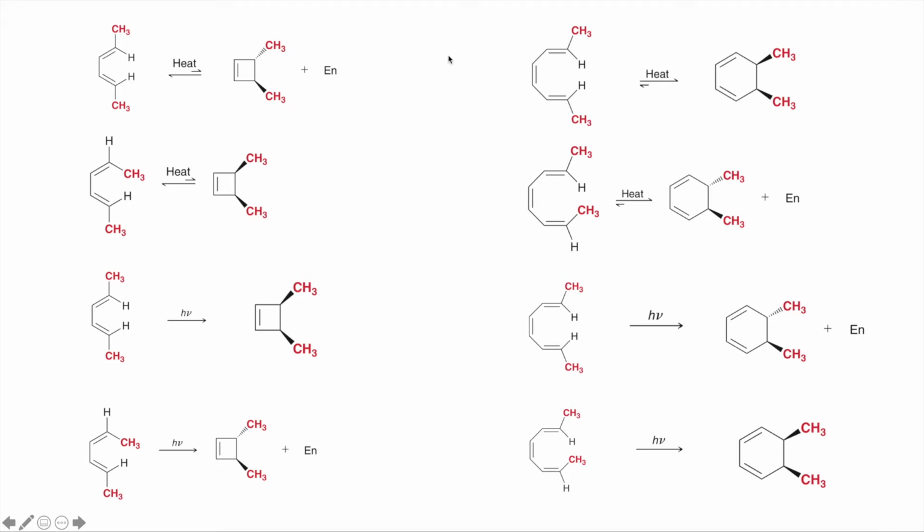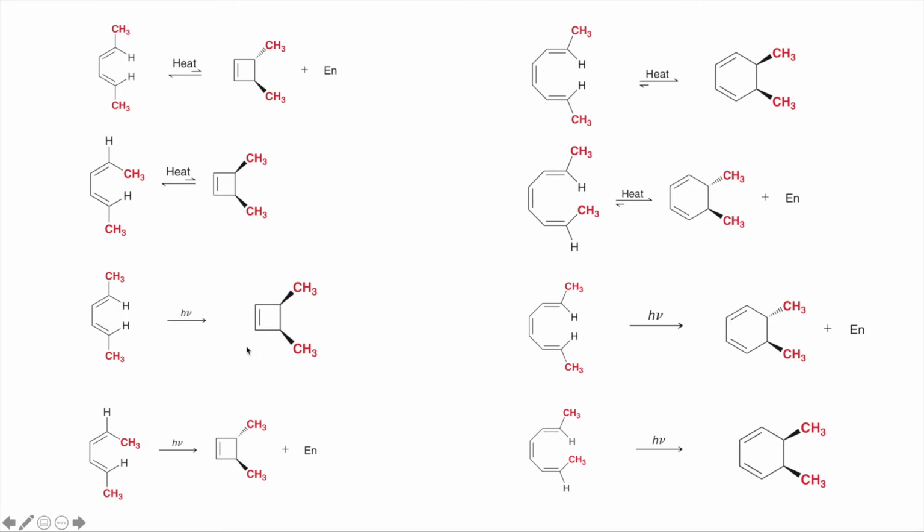So you want to organize these electrocyclic reactions in your head first based on whether they're happening to 2 conjugated pi bonds or 3 conjugated pi bonds. The second thing you want to look for is whether you're using heat, as in the case on the top here, or whether you're using light.